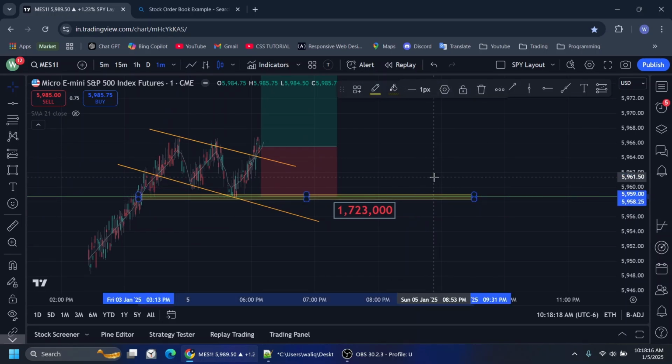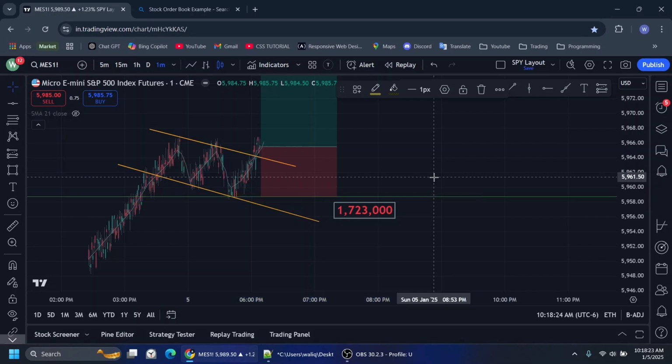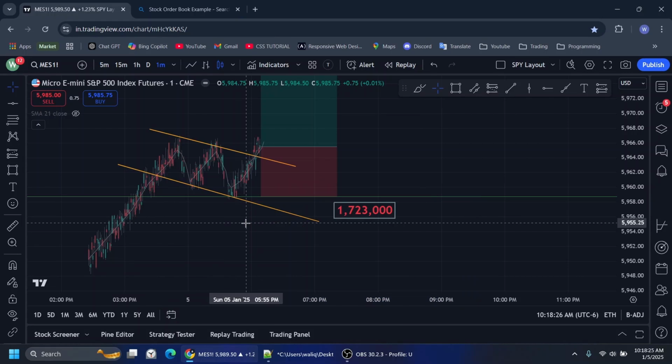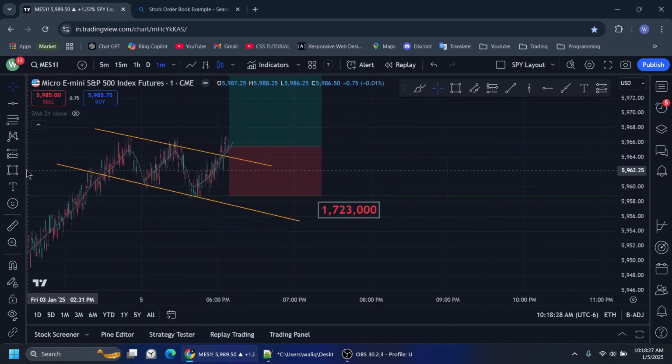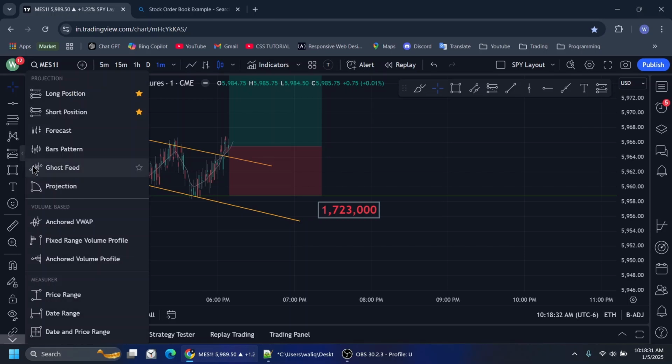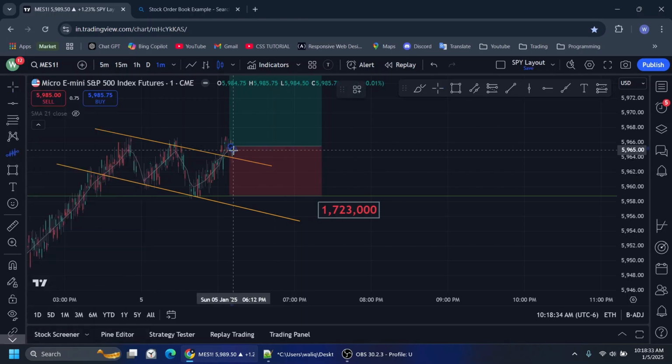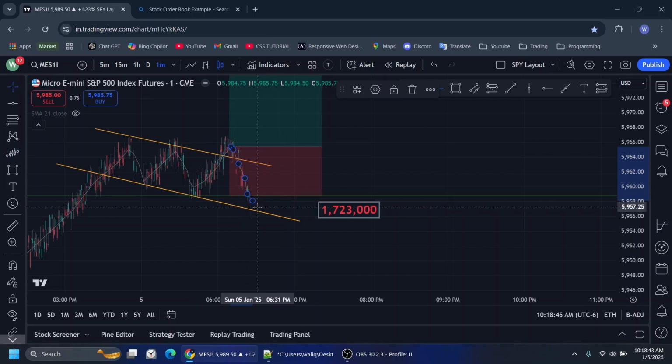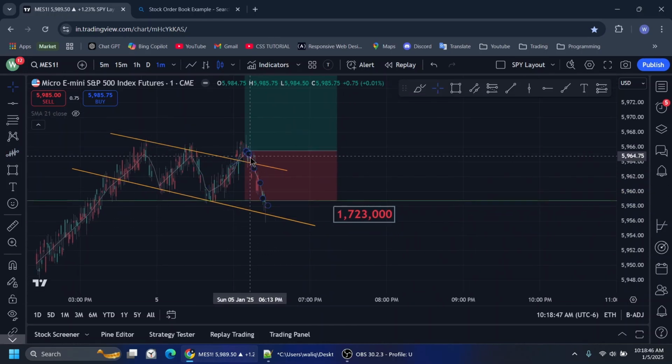Right at this level, there's a lot of supply of more than 1 million shares. I'm just giving an example, right? So what's gonna happen is these people who have a tremendous amount of shares are gonna start selling a lot of shares.